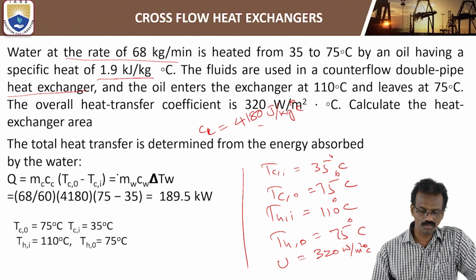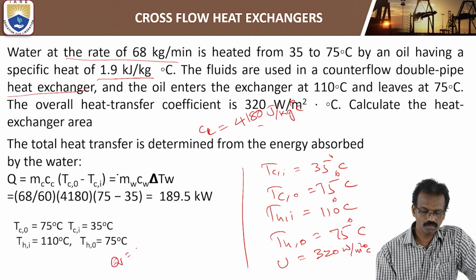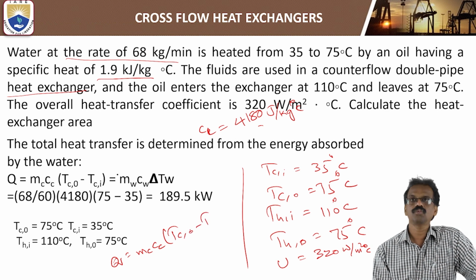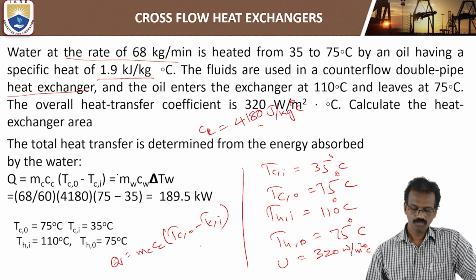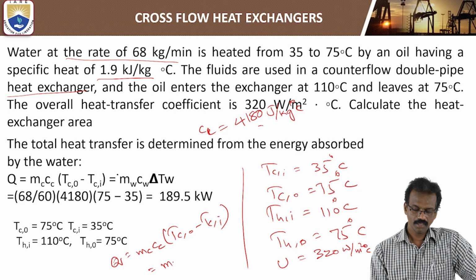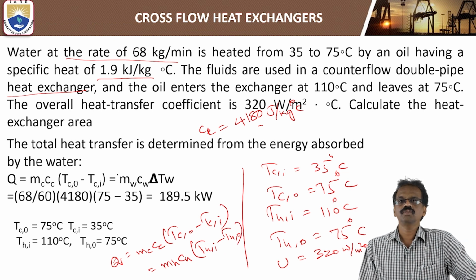So you know two parameters, and you know the formulas according to thermodynamics. Q is equal to MC into CC into the cold fluid outlet minus cold fluid inlet temperature difference, which is similarly equal to MH and CH into hot fluid inlet minus hot fluid outlet, the temperature difference of the hot fluid.